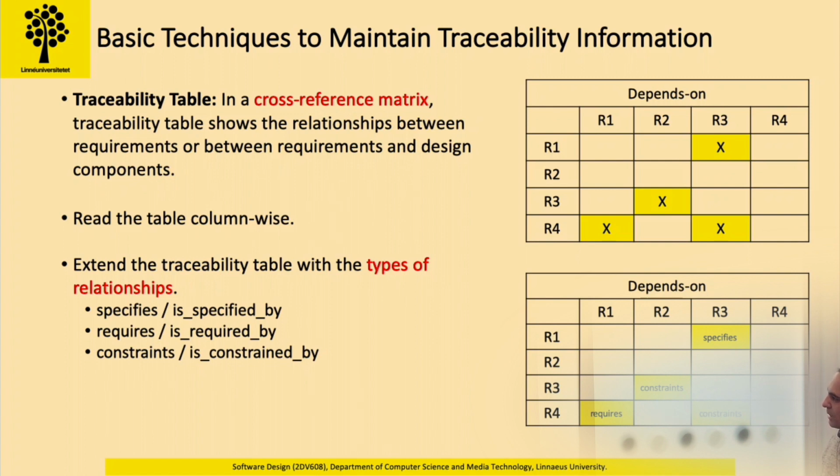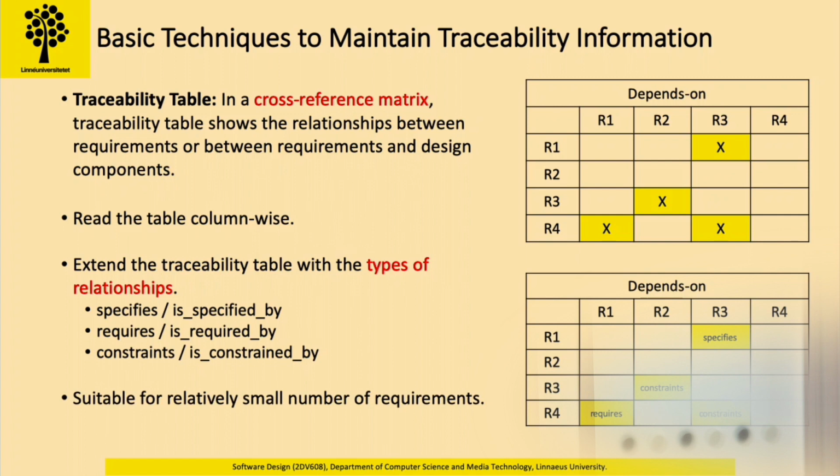Requirement 3 specifies requirement 1, so it seems that requirement 1 is part of requirement 3, so they can possibly be merged. And requirement 3 has a constraint on requirement 4, so again you have to implement requirement 4 before requirement 3. And requirement 4 doesn't have any dependencies, so you can implement it separately or at the end, since it doesn't have any dependency.